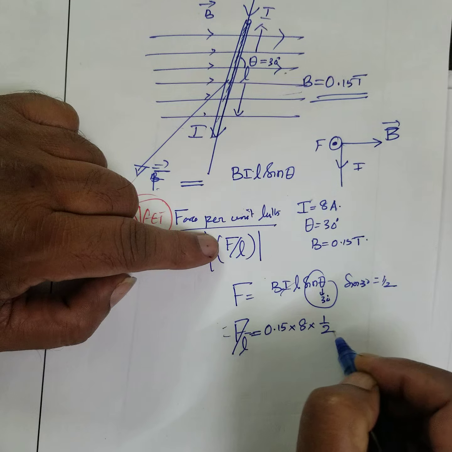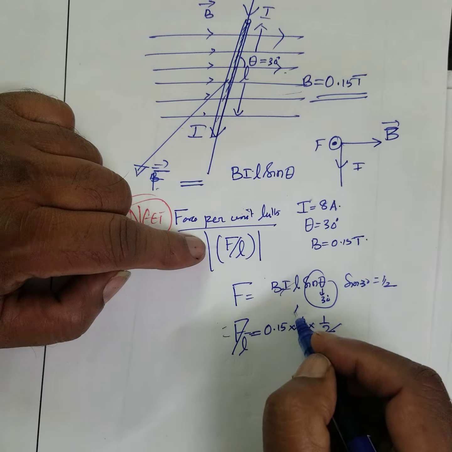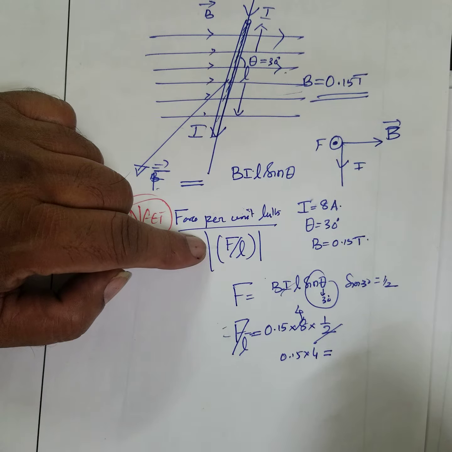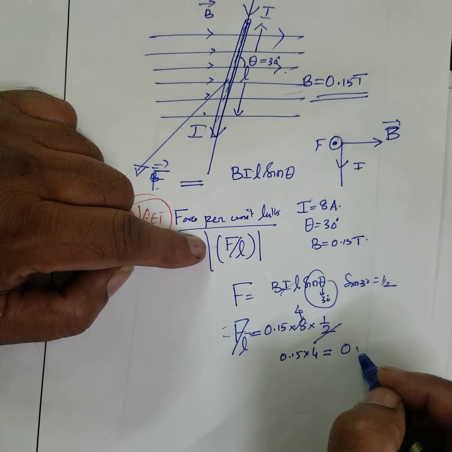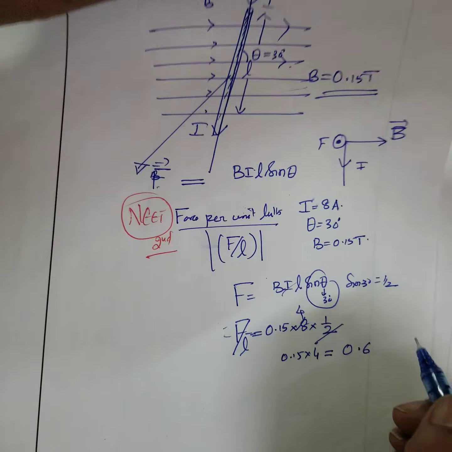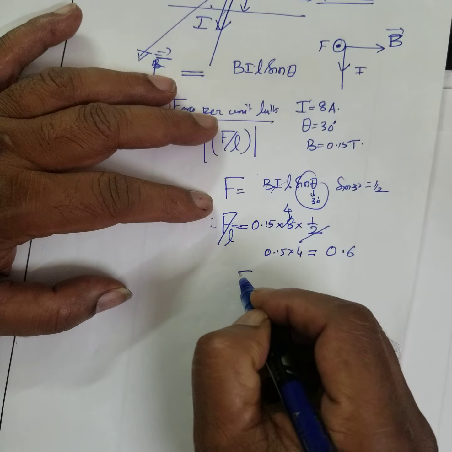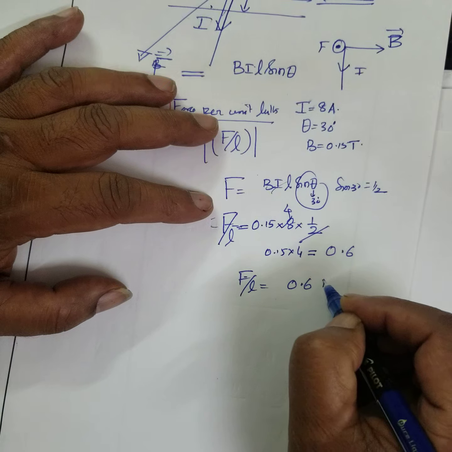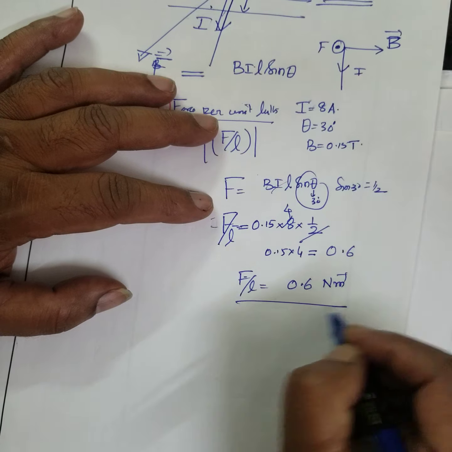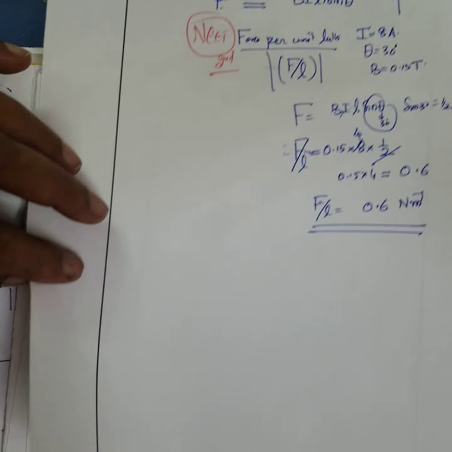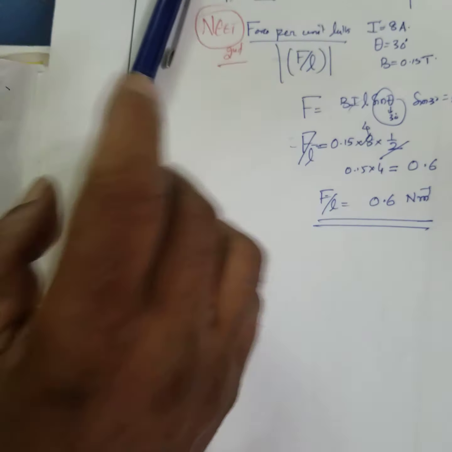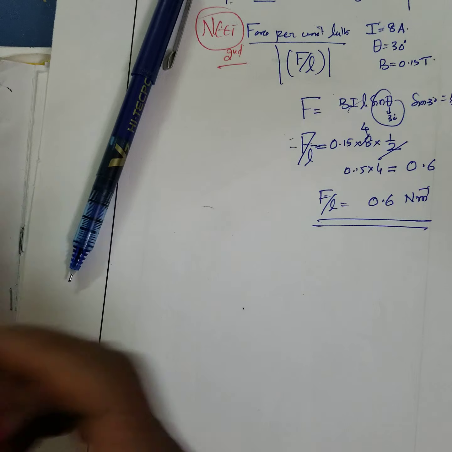Sin 30 is half, therefore this is 4. 0.15 into 4 is 0.6. Therefore, force per unit length is 0.6 Newton per meter. Easy, no? The same sum, another sum, for the question paper only they have asked this.